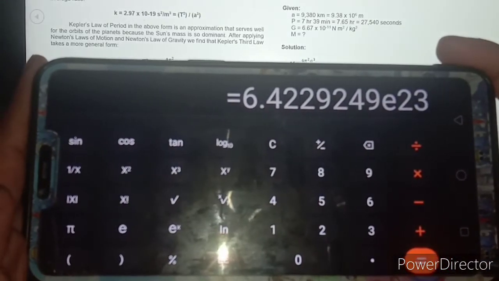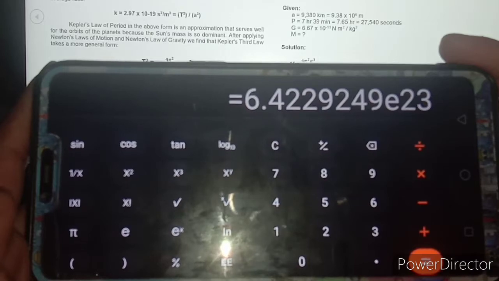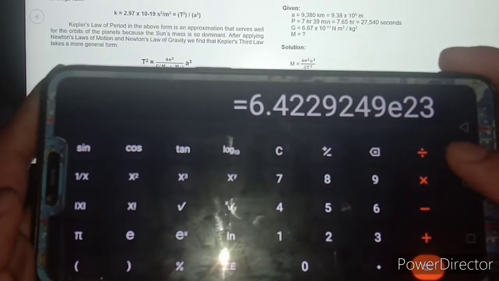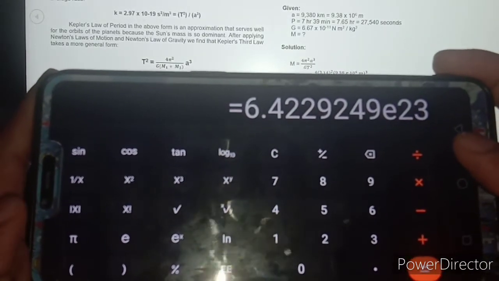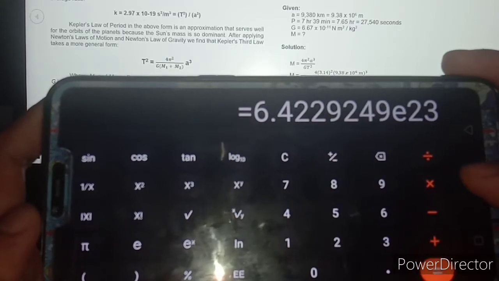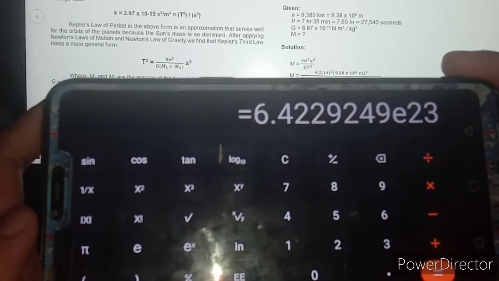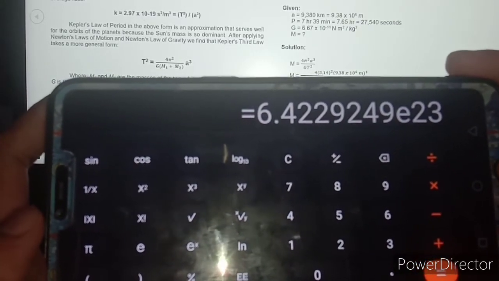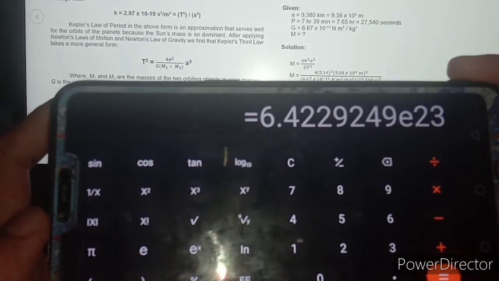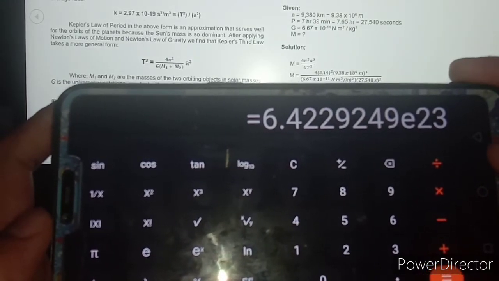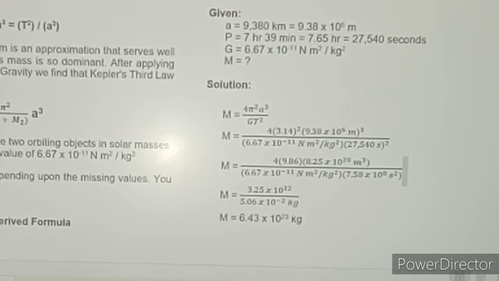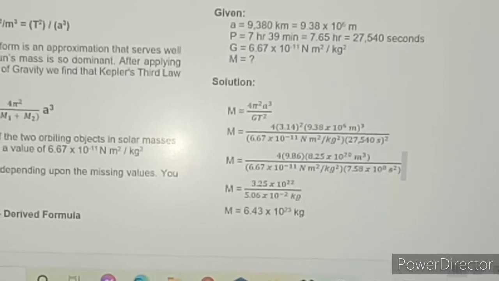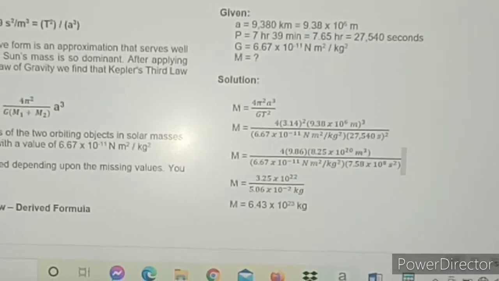So, we get 6.4229249E23. And then, round off lang ulit tayo. So, we have 6.42 times 10 raised to 23.